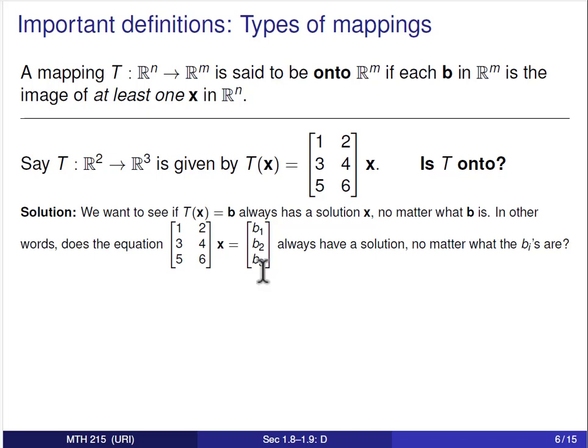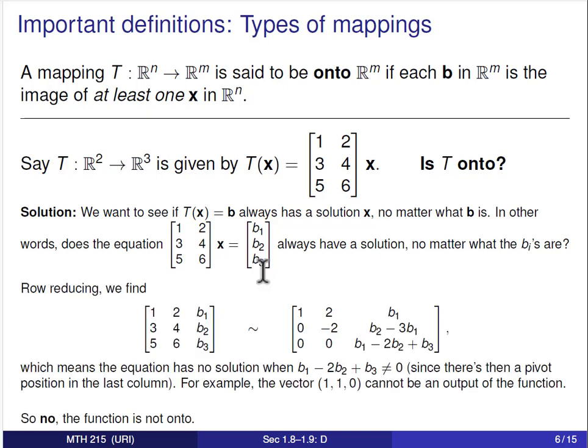Well, we're going to try to solve this. We'll do it by row reducing like we normally do. And we'll skip over a few of the details, but hopefully you'll be able to figure out how we arranged our row operations to produce this matrix. And this is the augmented matrix, and you can see that actually we will be in trouble. There will be no solution if this entry here is not 0.